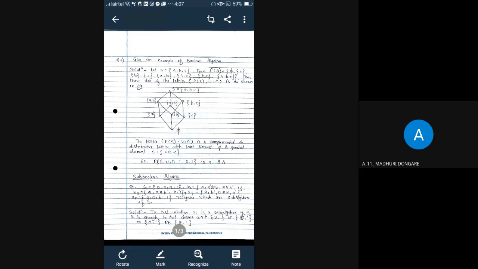That's why this lattice is called a Boolean algebra, because in the definition of Boolean algebra we have taken that a Boolean algebra is a complemented, distributive, bounded lattice, and this lattice satisfies all these three properties. That's why this is an example of Boolean algebra.